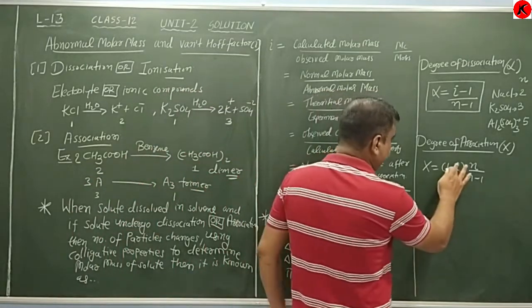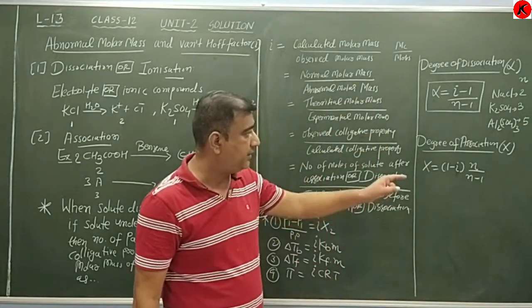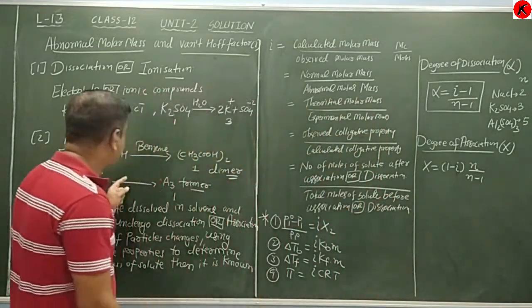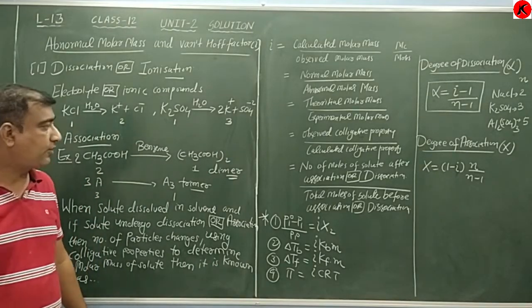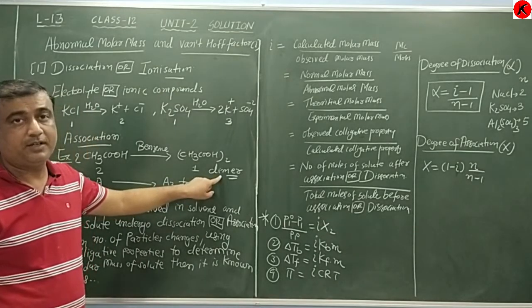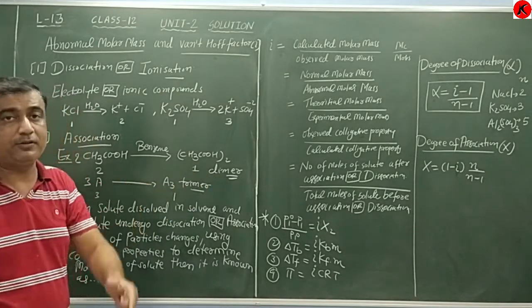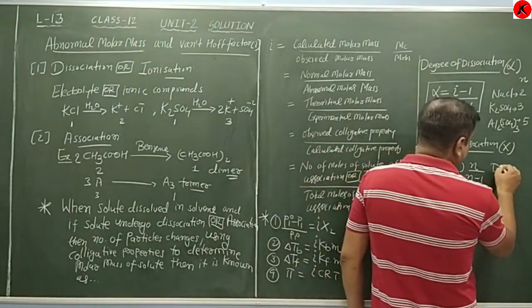Now this is i. What is n here? n is how many molecules of solute undergo association. Suppose it forms a dimer, that means 2 molecules are combined, then the value of n equal to 2.